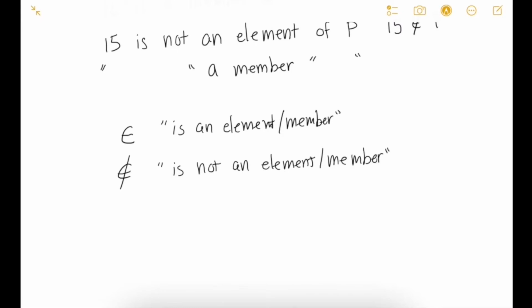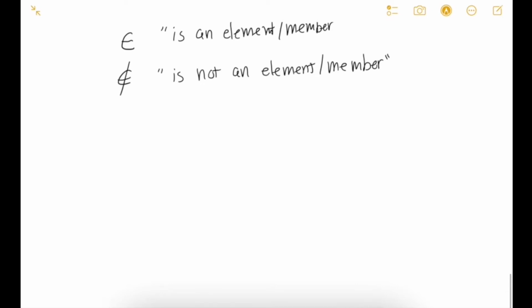And this putting a slash through a symbol is really going to carry over to a lot of different things in math. I mean, you're already used to the difference between equals and not equals, right? Putting a slash through the equal sign. And this notation will end up being used in other ways as well. For example, if you get to congruences, we have congruent and not congruent, and so on. So the slash will often mean not.